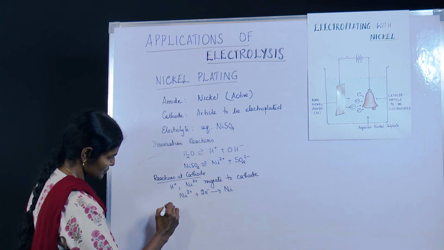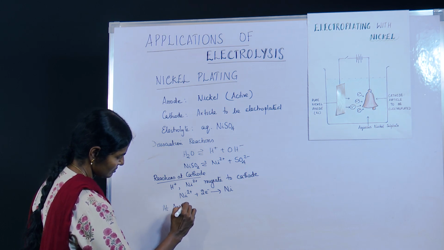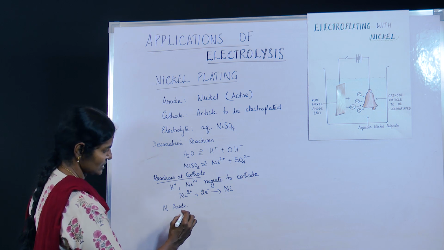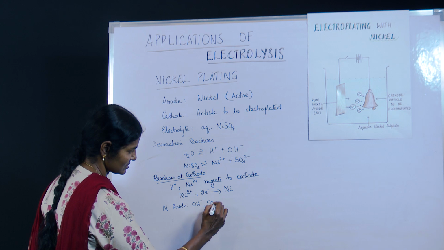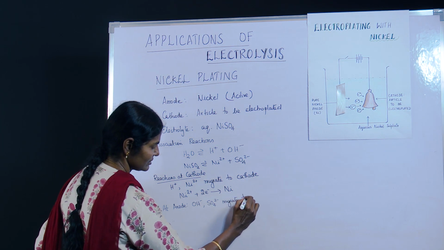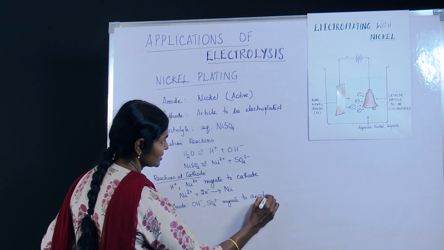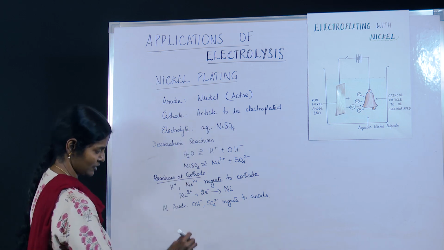Now going to reactions at anode. What are the ions here? Both the ions will migrate to anode, but remember, what is this anode made of? Nickel, which is an active electrode.